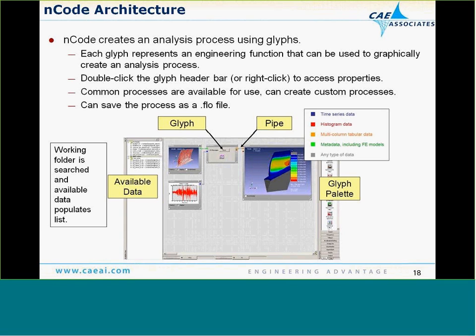In any of these glyphs, once you bring them together, you connect them with what are called pipes. And the pipes will just pass the data from one glyph to another based, again, on what you're doing. You can design this entire flow, and that's what it's called in nCode, the analysis flow. And you can, of course, save this process once you set it up in a .flow file, which can be used later on for any other fatigue analysis that is similar.